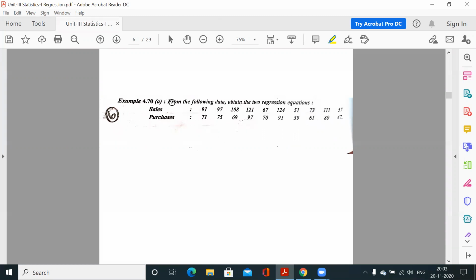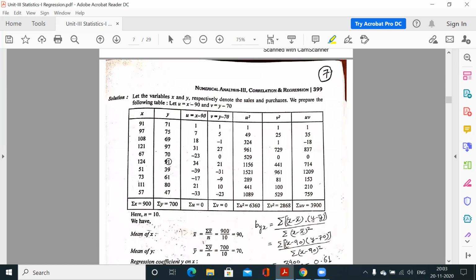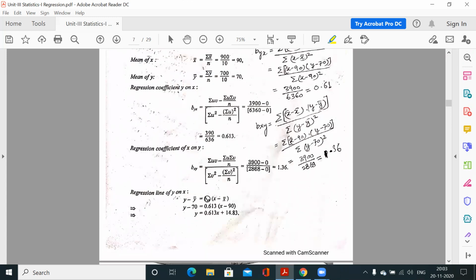Now, the first question is, from the following data, obtain the two regression equations. That means we have to find out both y on x and x on y. So if you remember, what was the formula for the regression line of y over x?